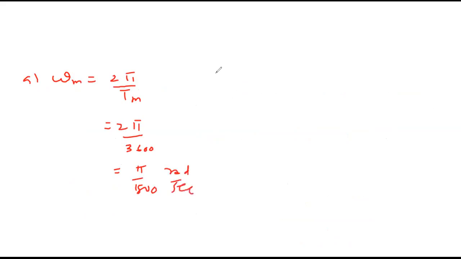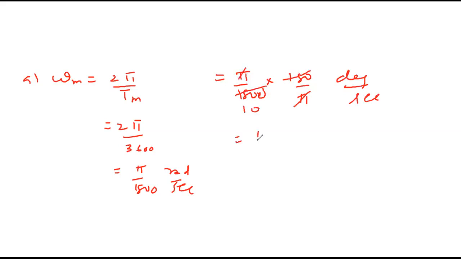But they want the answer in degree per second. To convert radian into degree, we multiply with 180 upon pi. Pi cancels. 180 upon 1800 is 1 upon 10, equals 0.1 degree per second. 0.1, that is D.